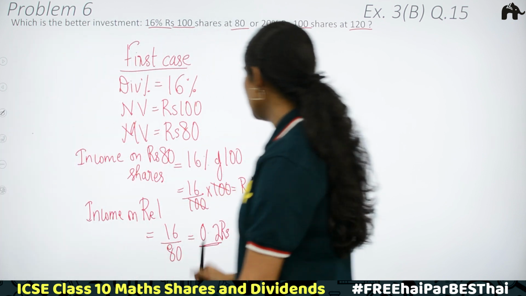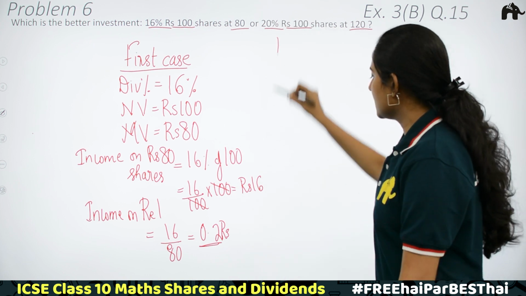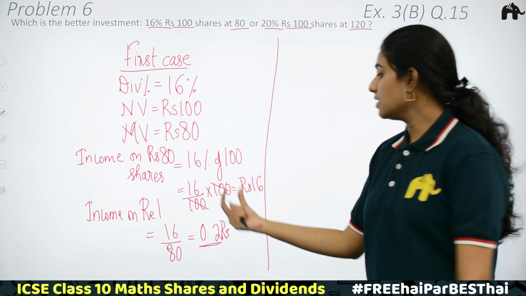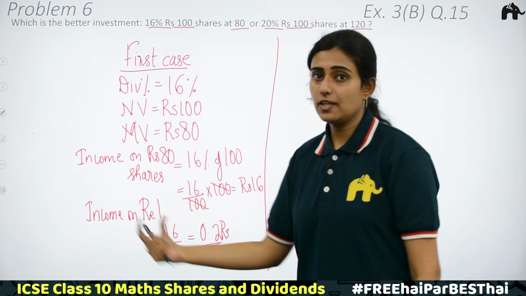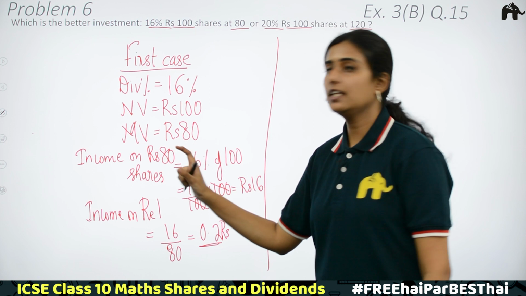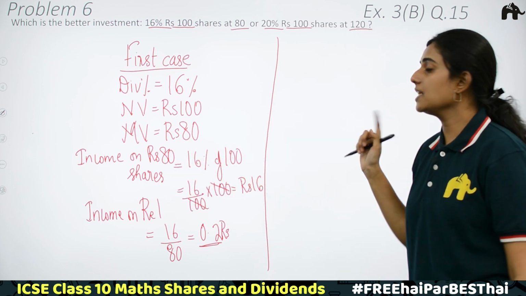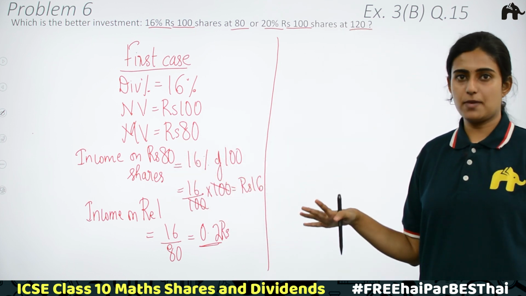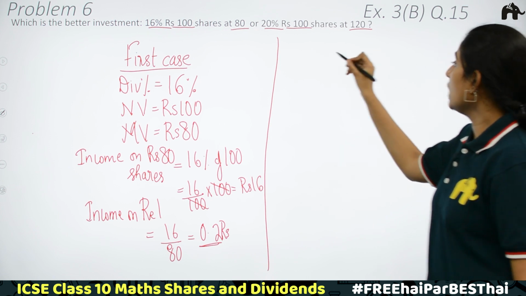Okay, 0.2 rupees. This is the first case. We understood why we found for rupee 1 to make the comparison. You cannot keep this in rupees 80 and the other in rupees 120 and make the comparison. Clear? Now the second case.